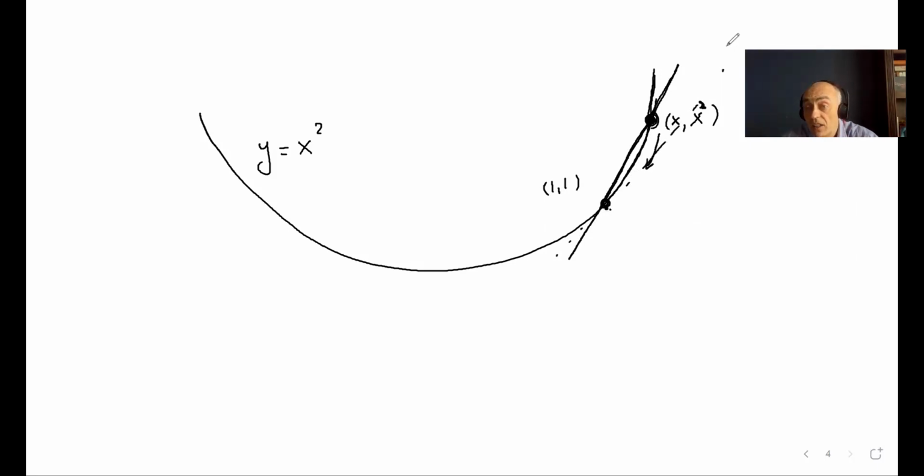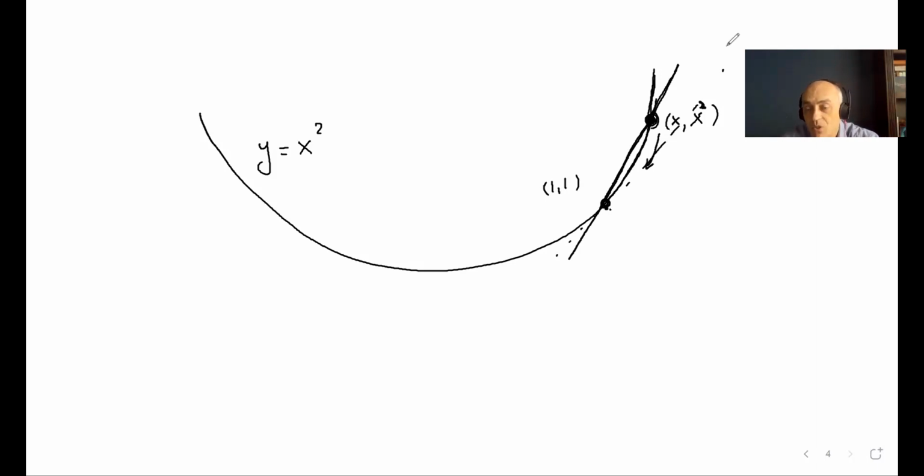Of course, you can define other notions of tangents, and there's a subject related to calculus called convex geometry, where you describe a tangent line as the supporting line for a half plane containing the entire parabola.